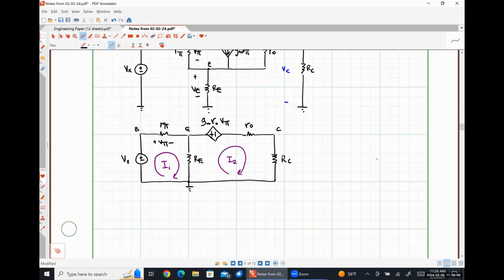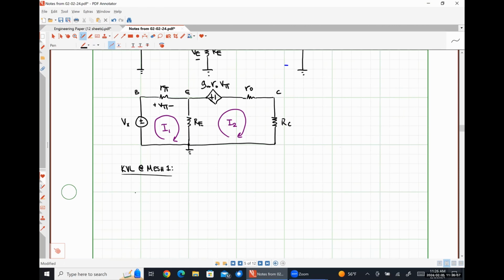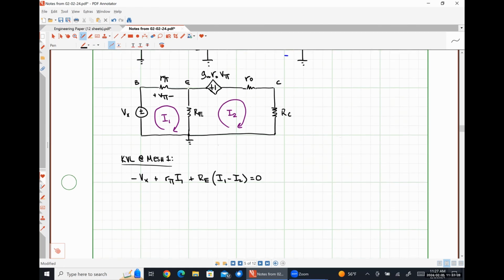So applying KVL around mesh one, we wind up getting negative Vx plus R pi times I1 plus RE times I1 minus I2 is equal to 0.